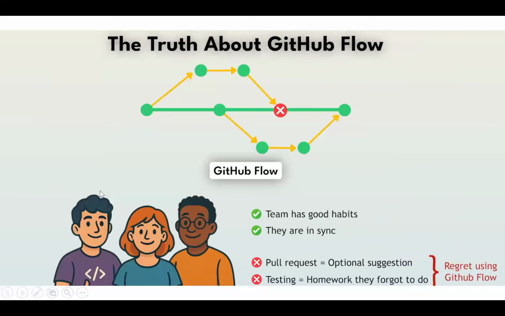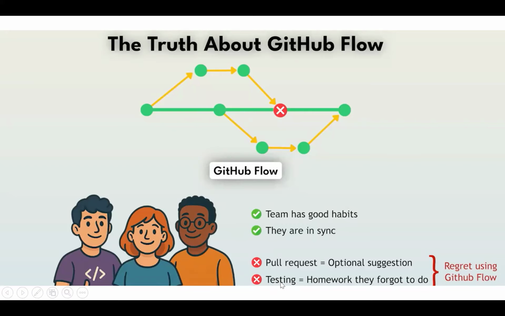Now the final part: a couple of issues are there, which are not big. I think that is the pull request issue. It is an optional suggestion, but you can make it compulsory as well. Because if a pull request is not required, people can easily push changes into the main branch, and then they forget to do testing.